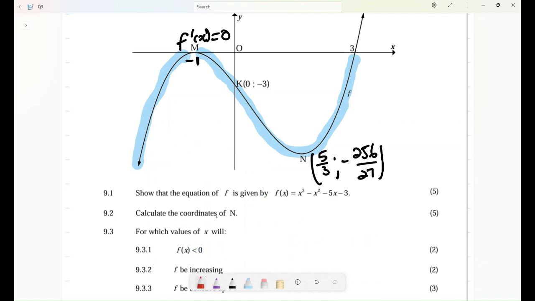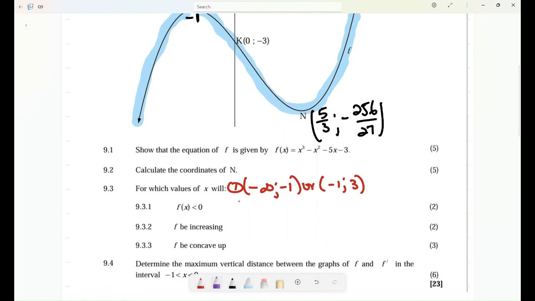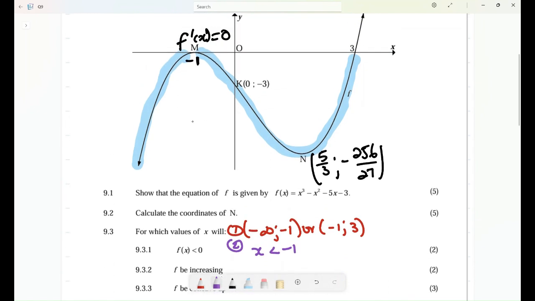As I was saying, the first one can say from negative infinity to negative 1, or from negative 1 to 3. Do not include that point. The second one might come and say, now I prefer writing it like this: x should be less than negative 1, because from negative 1 going to that side, which is less than negative 1, I can see that my graph is below.